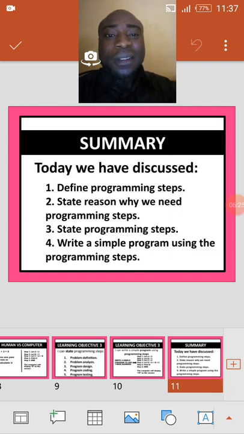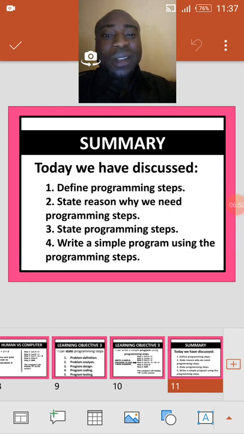We have defined programming steps as a step-by-step method a programmer follows to write instructions for the computer. And we stated the reason why we need programming steps, because the way humans think is not the way a computer thinks.